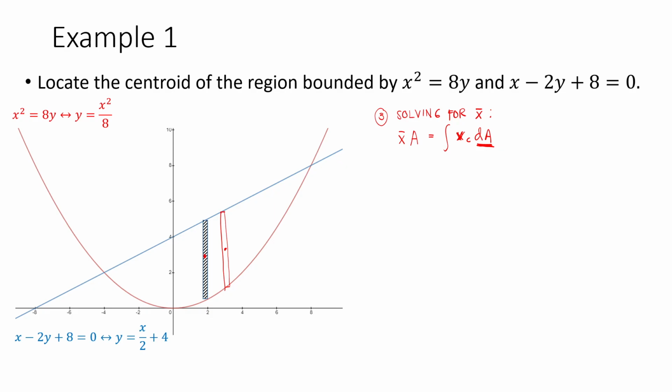That's how the concept works. Meaning this line will be translated into bar x times the area, so the integral of x sub c. Since we are using the vertical strip, this will become y top minus y bottom dx from x1 to x2. Okay.